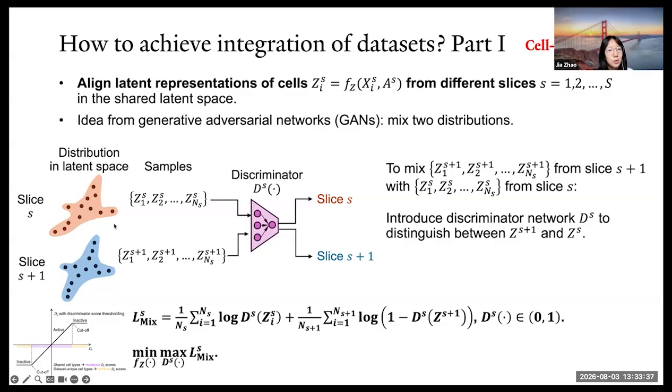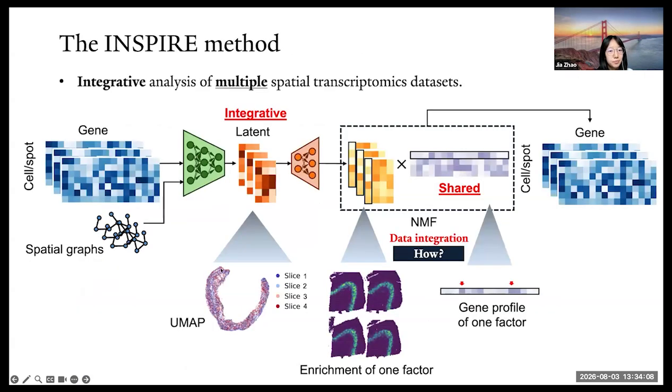You can imagine that we introduce an additional neural network to get the distribution matching between each pair of sections. So suppose we have sections 1, 2, 3, 4, then we need to introduce 3 additional discriminator components: one to align section 1 to 2, one for 2 to 3, and another for 3 to 4. With this design, we can align the embeddings very well.